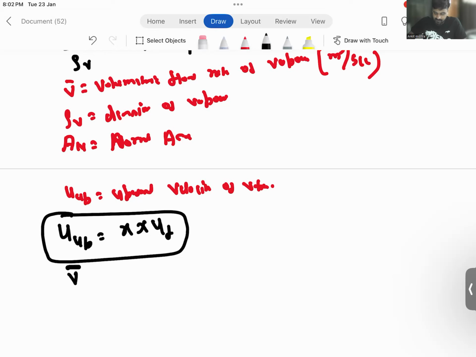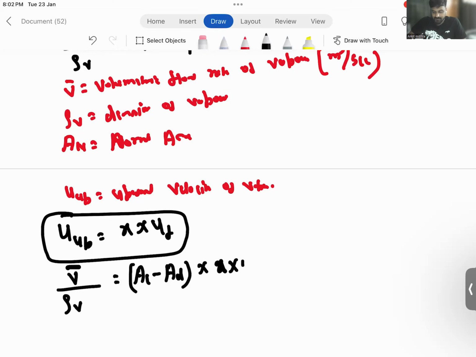So I can write V bar divided by rho v, that is equal to AN. AN can be written as AC minus AD, right? The downcomer area will be given to you, and it's very easy to measure, and AC will be given to you, because normal area can be calculated in terms of cross-sectional area as well as downcomer area, right? So this is U upward.